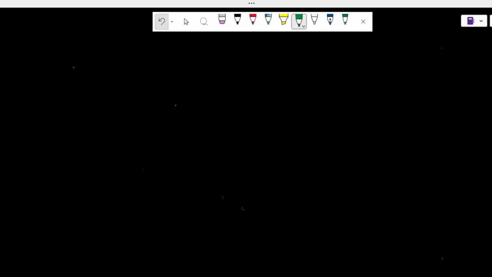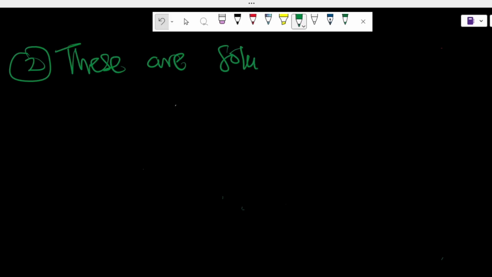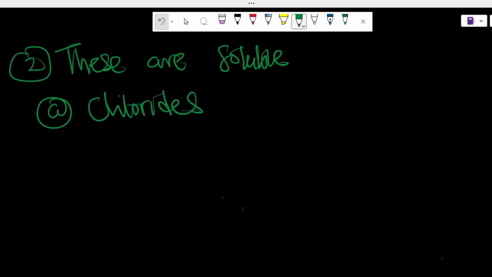Now the following types of salts are soluble except some. So let's say these are soluble. So we'll say chlorides are soluble except, so we are going to have exceptions.